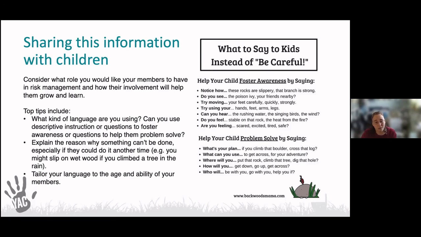Now, there are some scenarios where we are going to have to react quite quickly and say, don't, come away, keep away from the edge, those types of things. And then we can have a conversation afterwards once their safety is ensured.